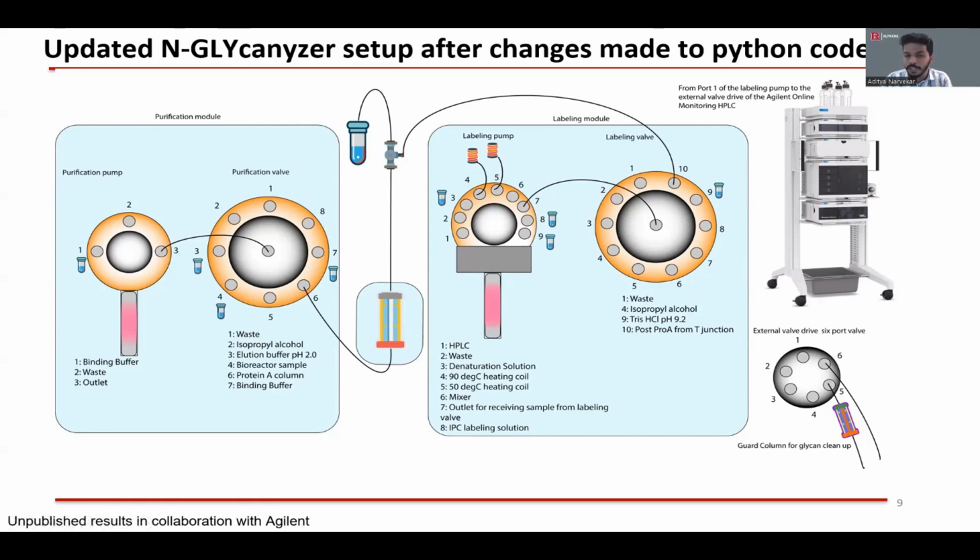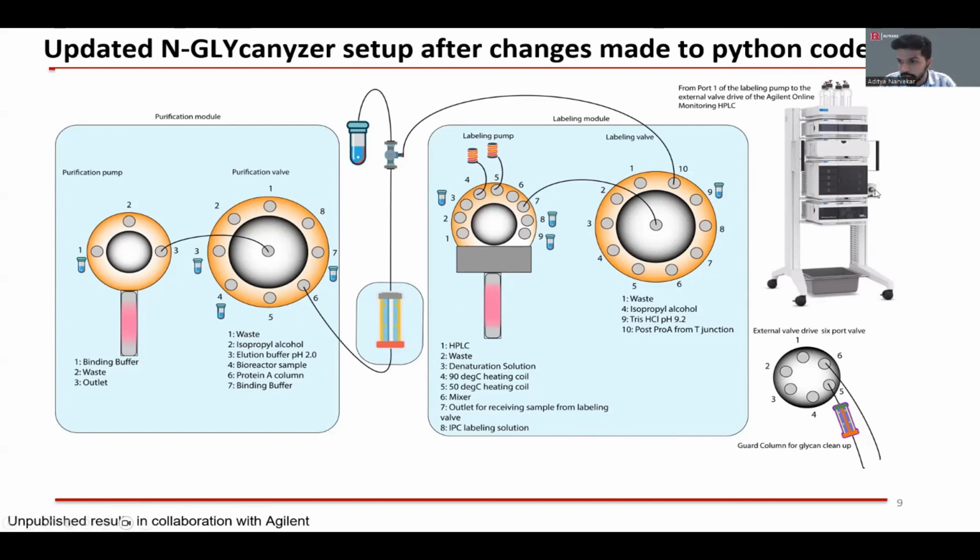And if I pick up the tube from here and place it on the HPLC on the right, that will be the analysis part, where the analysis takes place after I take the sample from the labeling pump and put it manually onto the HPLC. That is what at-line analysis is.